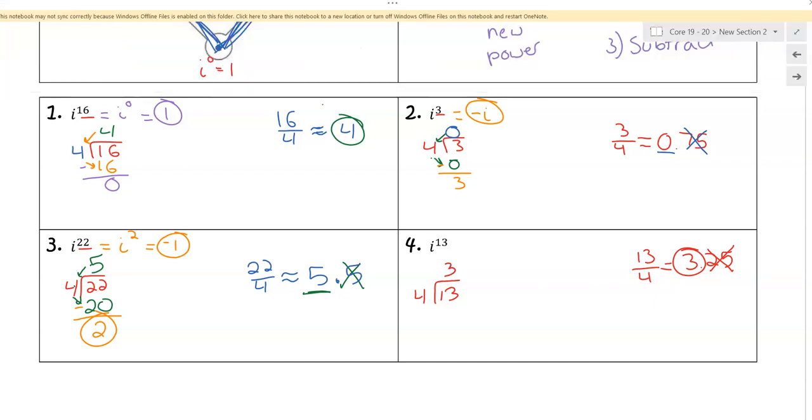Do it all in red. Multiply 3 times 4 gives me 12. 13 minus 12 is 1. So i to the 13th is the same as i to the 1st, which equals i. Okay. All right, and that is it. Otherwise, go ahead and get started working on your A3 activity.